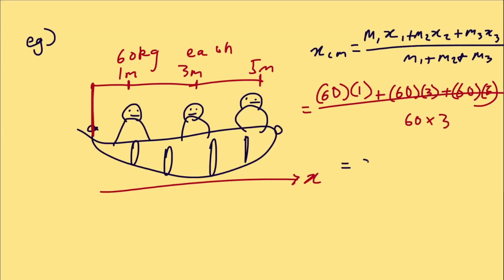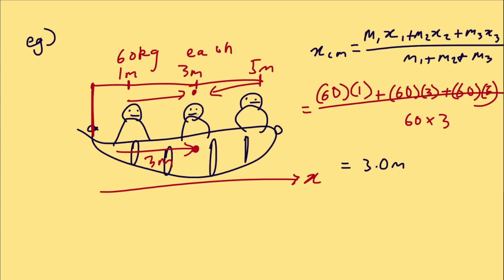The answer is 3 meters. So the center of mass is 3 meters away from the left end. And this makes sense because the objects are of equal mass. The center of mass would be exactly halfway in between the two ends.